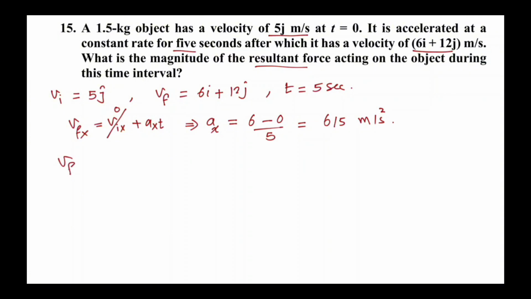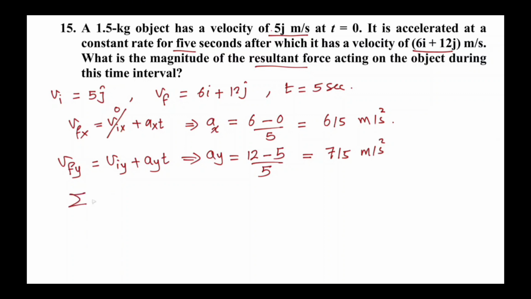Now V final y equal to V initial y plus ayt. Again, ay equal to 12 minus 5, this 5 here, divided by 5, because the initial y equals 5j hat, which is equal to 7 over 5 meters per second squared.